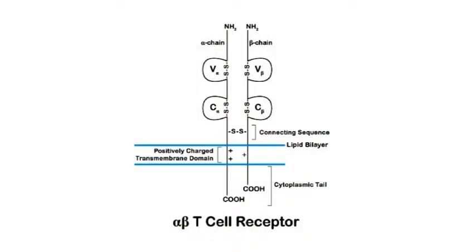The amino terminal, or N-terminal, of the alpha-beta and gamma-delta chains have highly variable sequences, and the remaining sequence is conserved. Thus, the TCR domains, one variable and one constant, are homologous to the V and C domains of immunoglobulin.